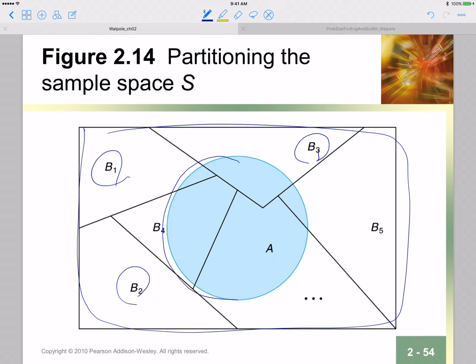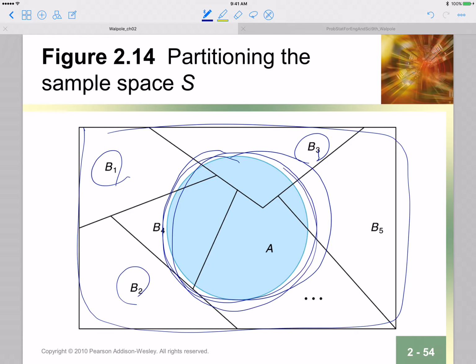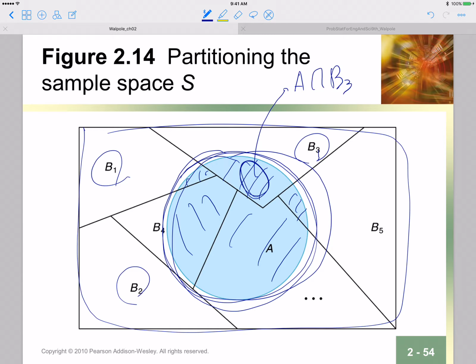And then we consider another separate event A. The probability of A, or the area of this part, is composed of this part and this part and this part and this part and this part. This part corresponds to the case of A and B3 happening simultaneously, and this part is A and B5.